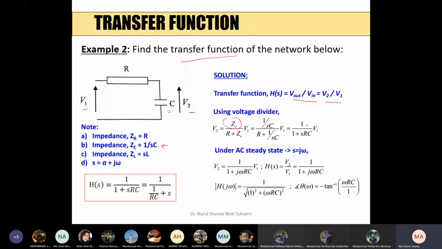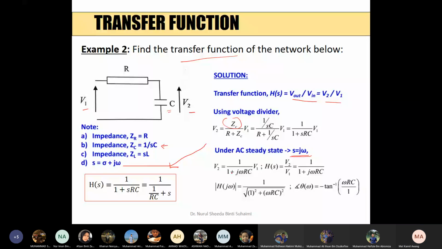So therefore, your transfer function H of S is equal to 1 over 1 plus SRC, or it can also be written as 1 over RC plus S. Under steady state, S is equal to j omega, so sigma is equal to 0.